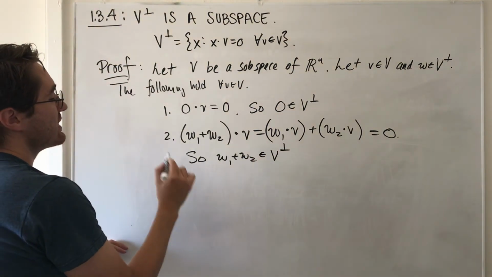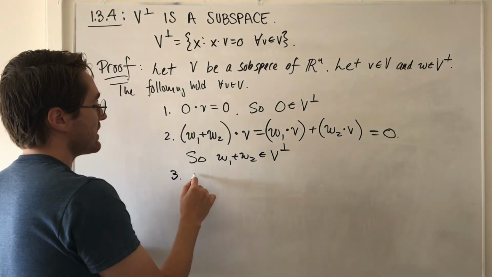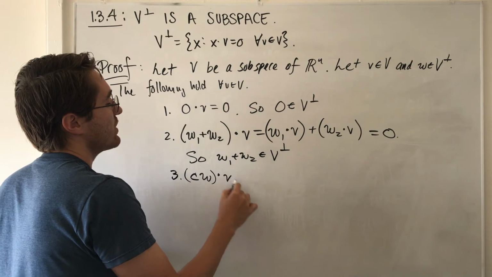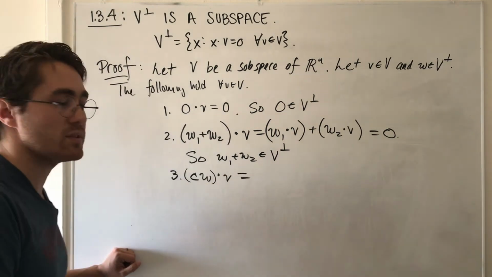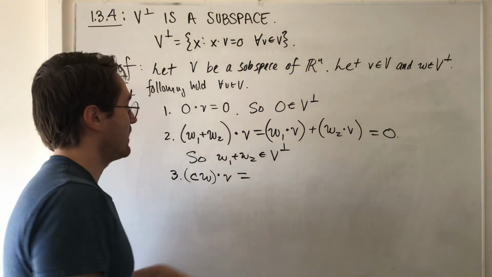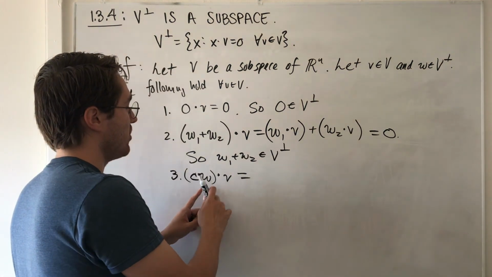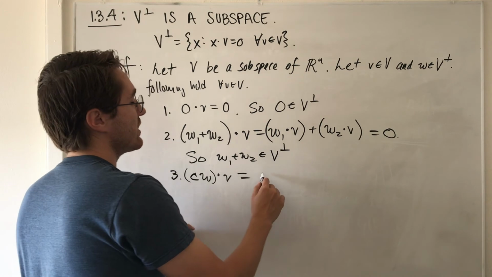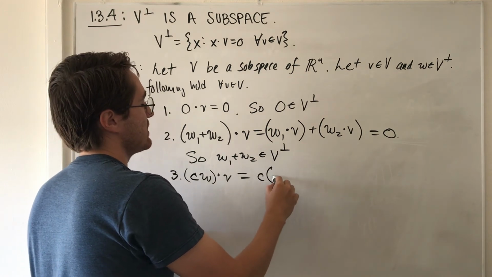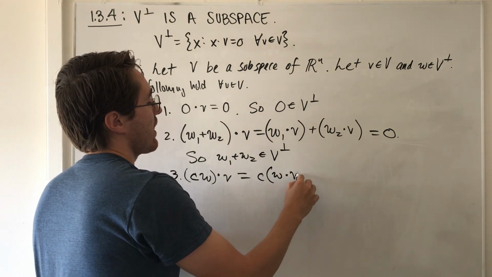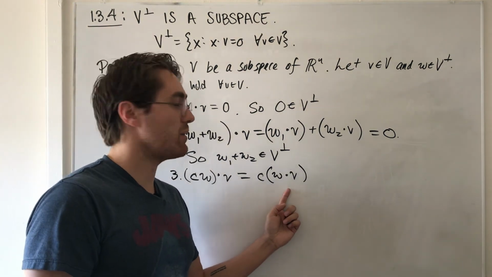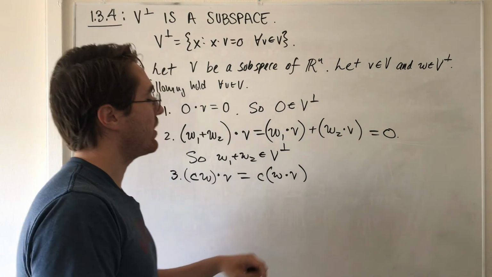And now finally, the last thing we need to see is that c times w dotted with v is also 0 for all v. Once again, we redo the association here. So we're going to do c times w dotted with v, by associativity between scalar multiplication and the dot product.